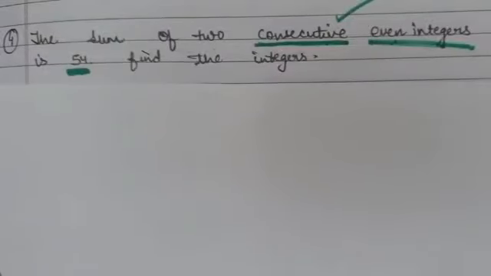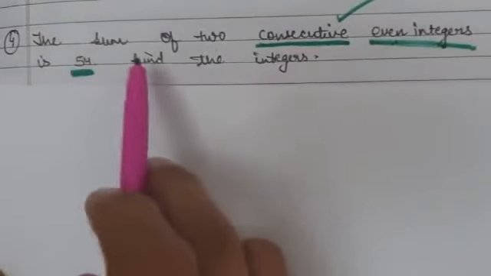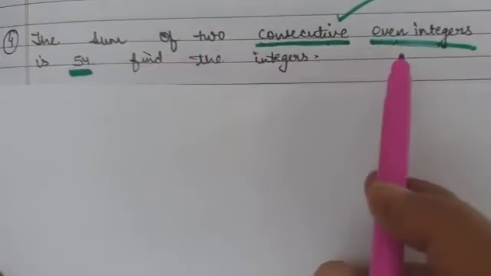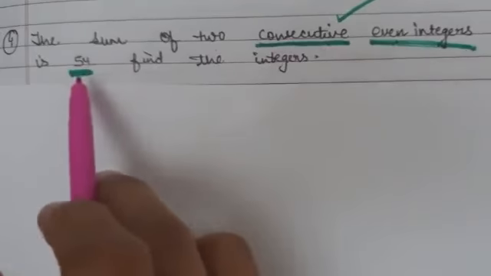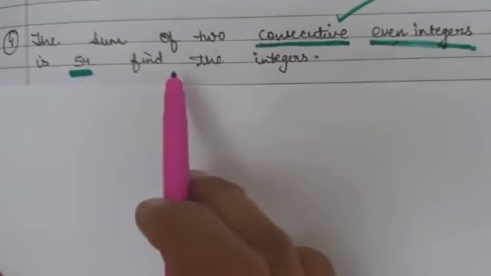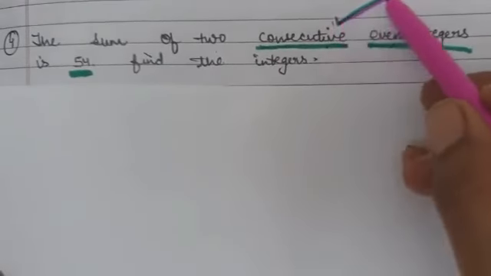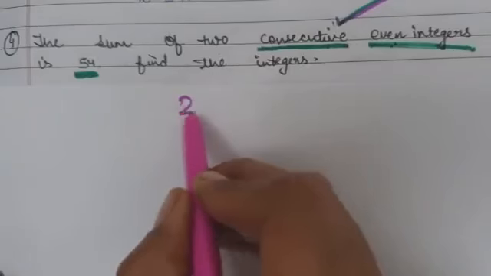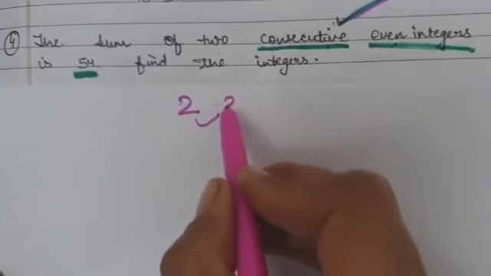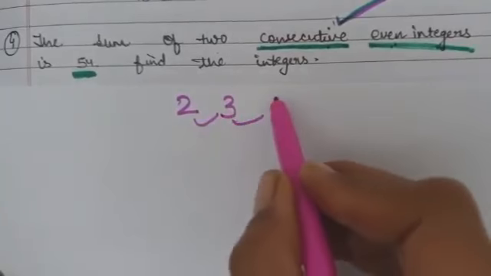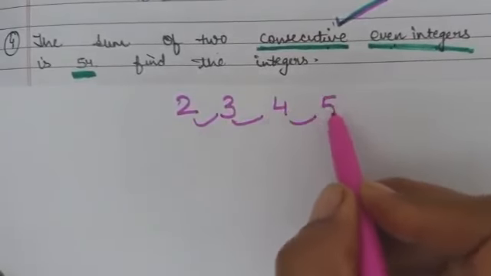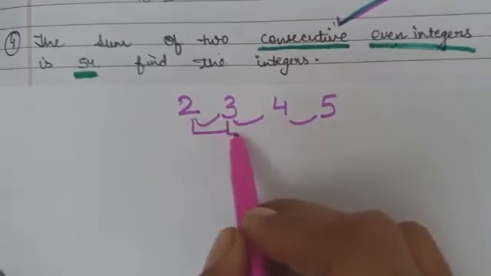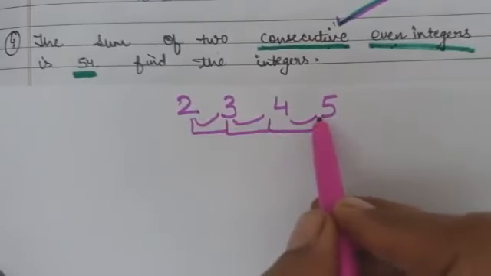The next question is, the sum of two consecutive even integers is 54. Find the integers. Now students, what are consecutive numbers? Suppose I am saying 2. You will say 3. I am saying 4. You will say 5. Next to next numbers I am moving.